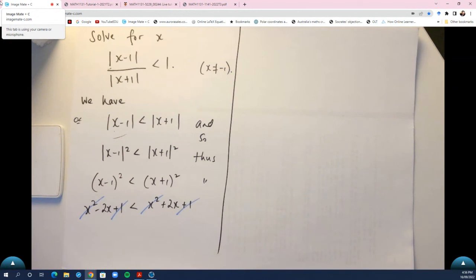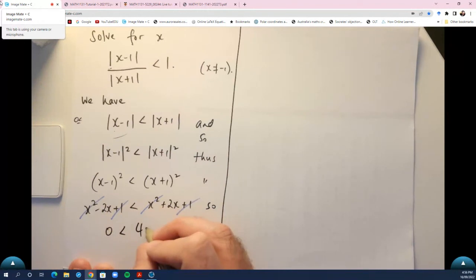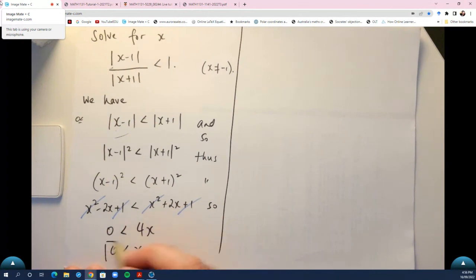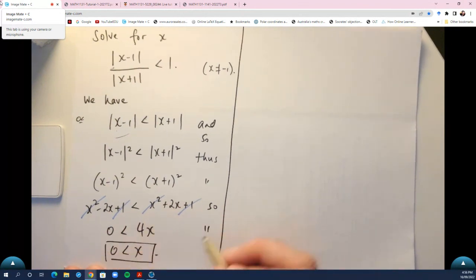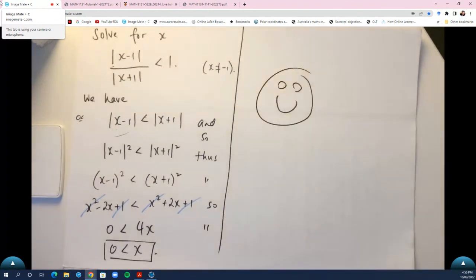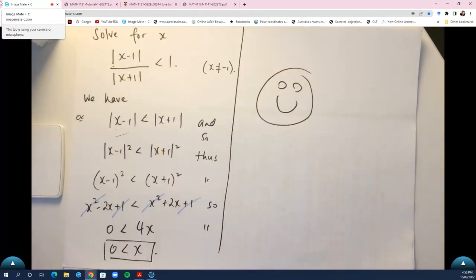Take that to the other side and you're going to have this. So how do we solve this? Well, it's just divide both sides by 4. That's it. Okay. So that's one algebraic way of doing it. You can square both sides immediately if you want to. I just rearranged it a little bit.